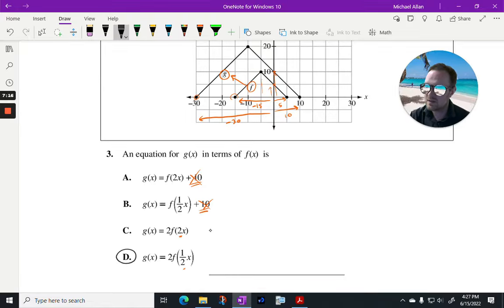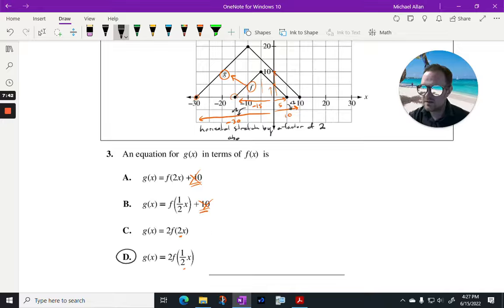So this is a horizontal stretch by a factor of 2. So times by 2 to get from here to here, right? Times by 2. Times by 2. Okay.